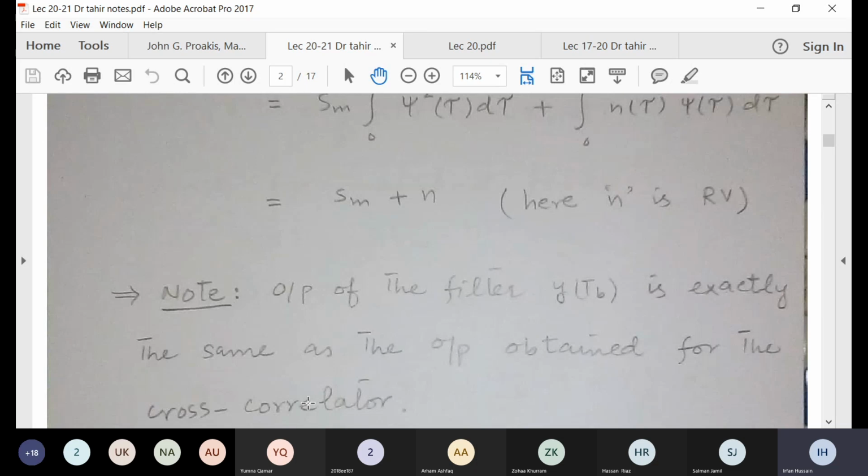While previously you had a cross correlator, you were multiplying and you were integrating. This time you have a linear filter, but the output remains the same.